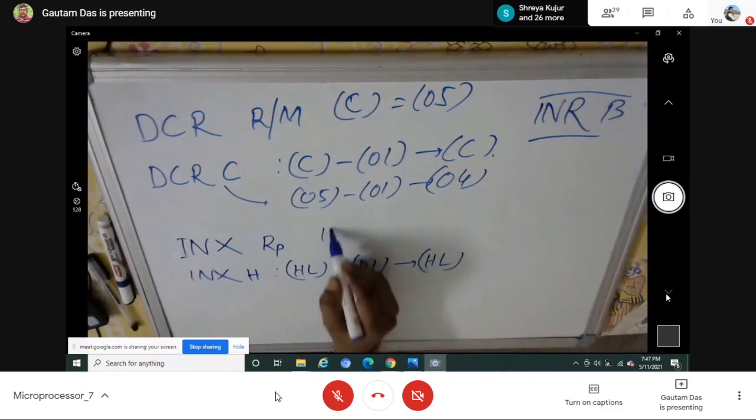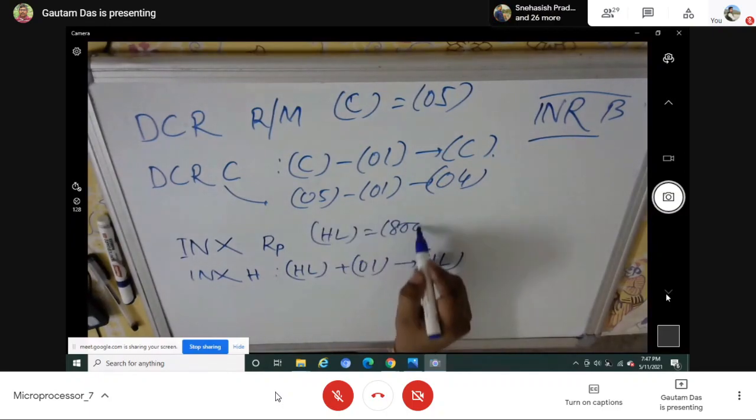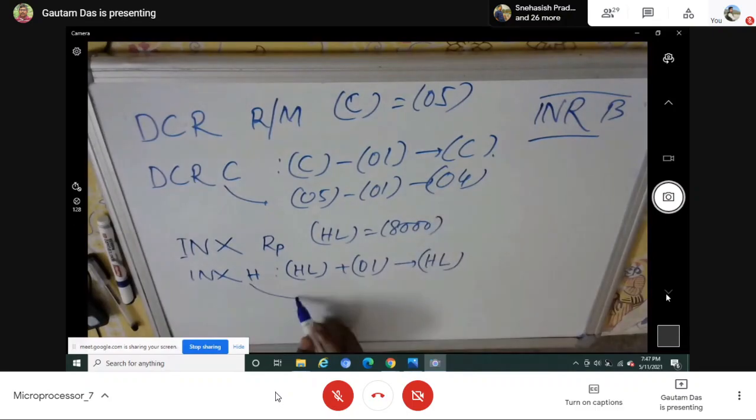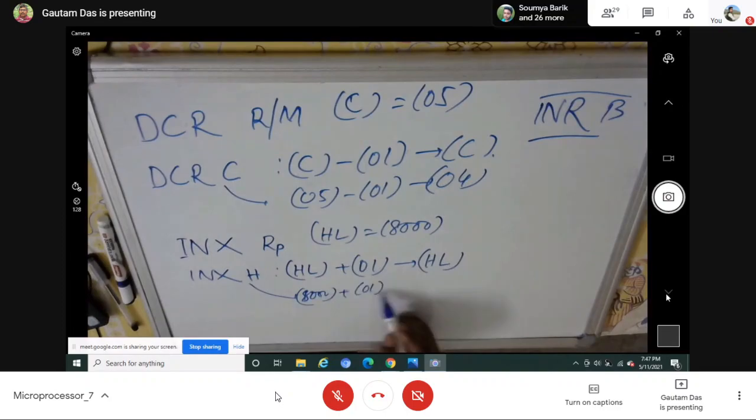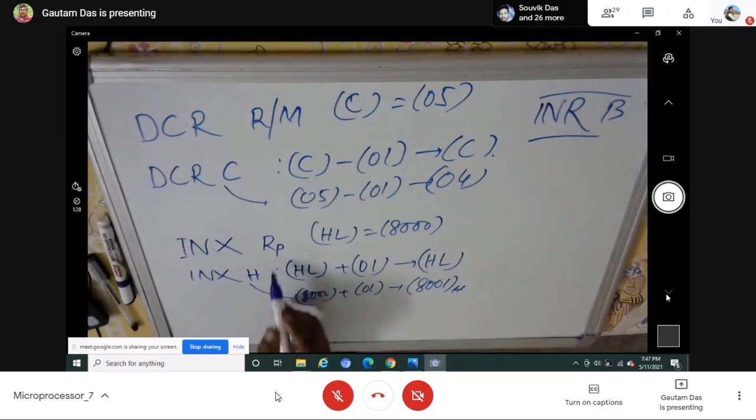Before this instruction, if HL was 8000, after this instruction it will be 8000 plus 01, hence it will become 8001. Since the operand for INX is a register pair, three such instructions you can generate: INX H for the HL register pair, INX B for the BC register pair, and INX D for the DE register pair.